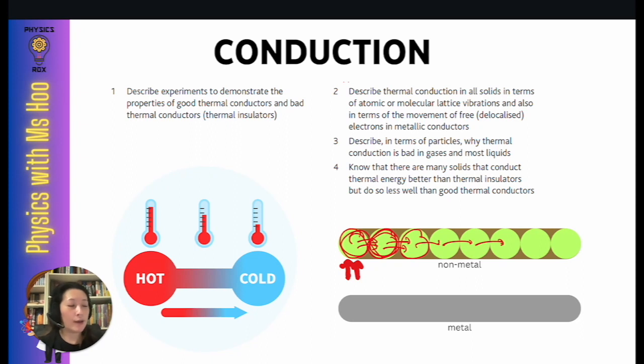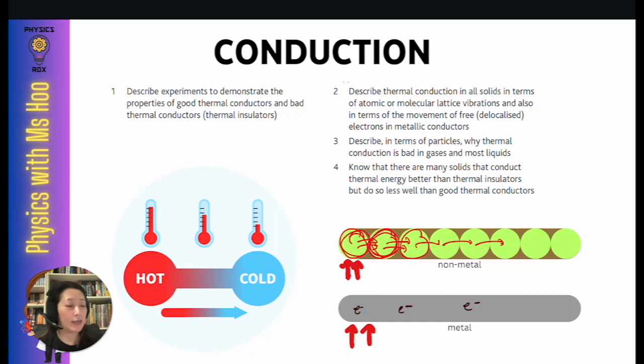As you should know by now, metals have a lot of free or delocalized electrons, which are free to move on the surface of the metals. So if heat is applied to the metal, not only do the atoms absorb heat, the electrons also absorb heat.